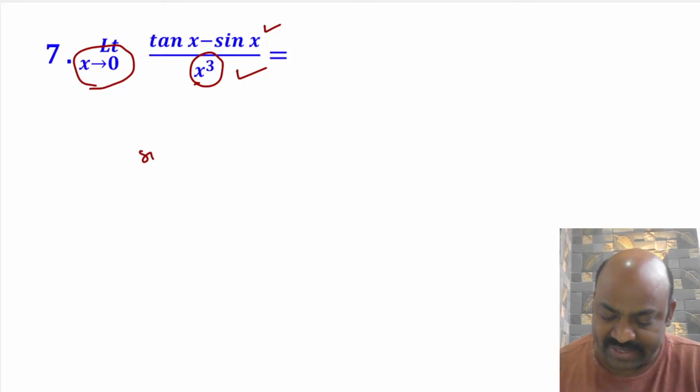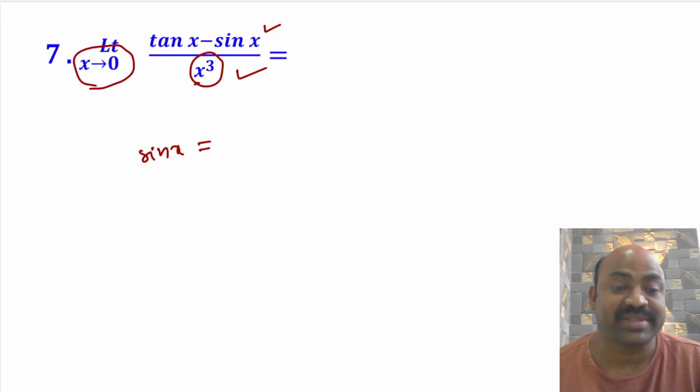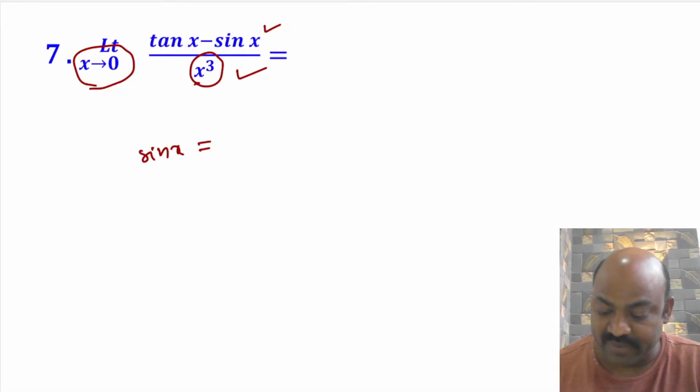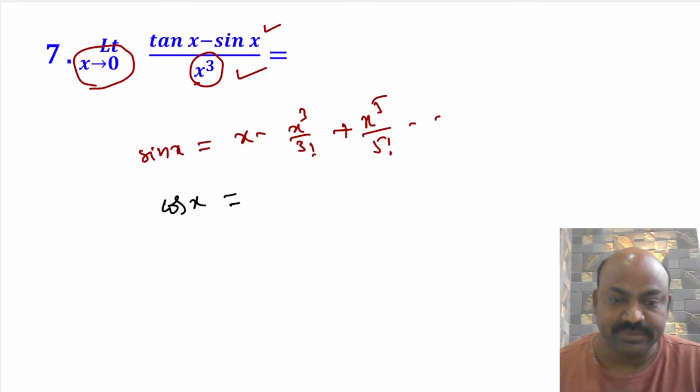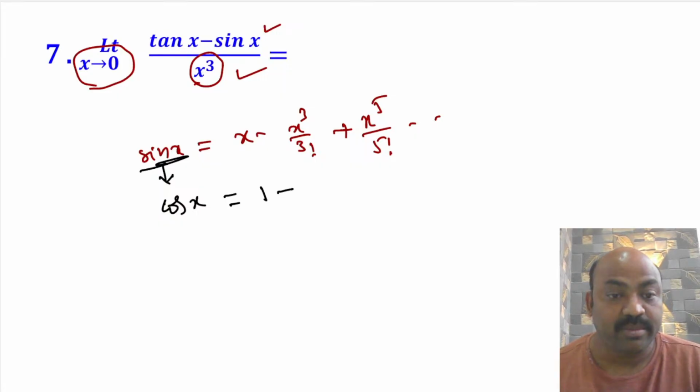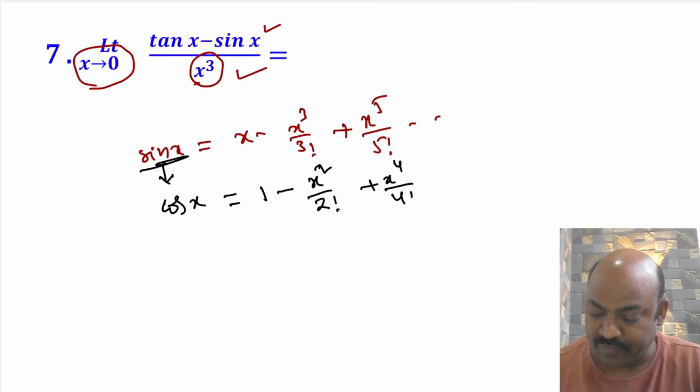So you know sin x. List out all these points. Sin x is, write down very carefully, x minus x cube by 3 factorial plus x power 5 by 5 factorial. Just that is enough. And cos x is its derivative. So sin x derivative is cos x, so its derivative, 1 minus x square by 2 factorial, and plus x power 4 by 4 factorial and so on.